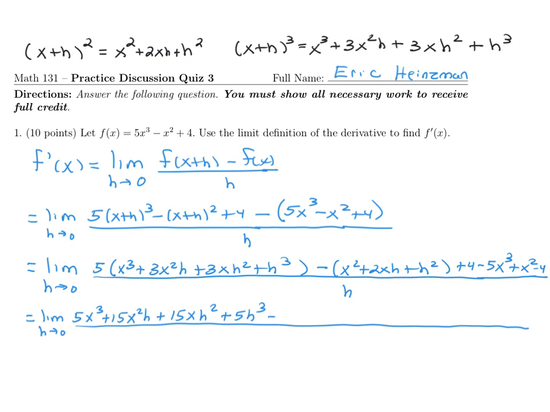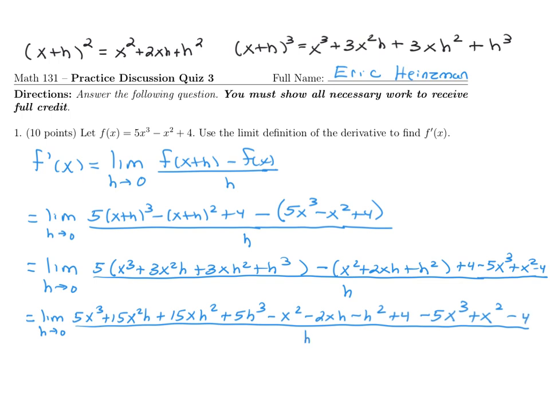Okay, I'll change the sign on all of these terms as we distribute the negative. So that's minus x squared minus 2xh minus h squared, and then there's a plus 4. And then I already distributed the negative on the negative 5x cubed plus x squared minus 4. This is all over h.